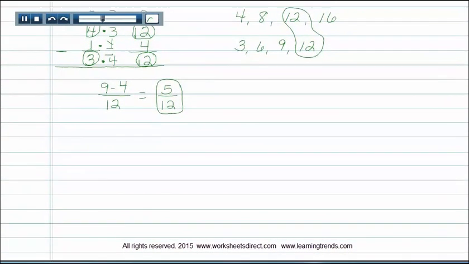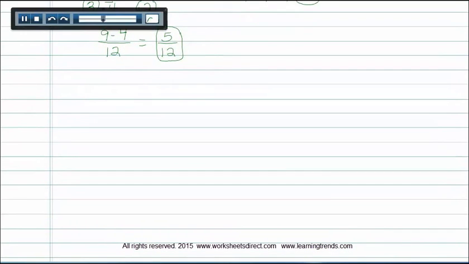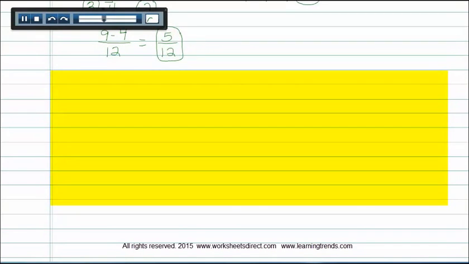Let's take a look at another example where we're going to subtract two proper fractions with different denominators. And let's look at 4/5, and in this case let's subtract 2/3.